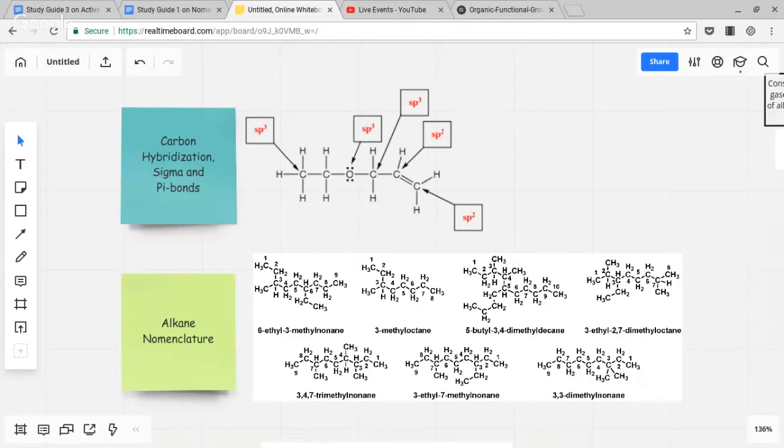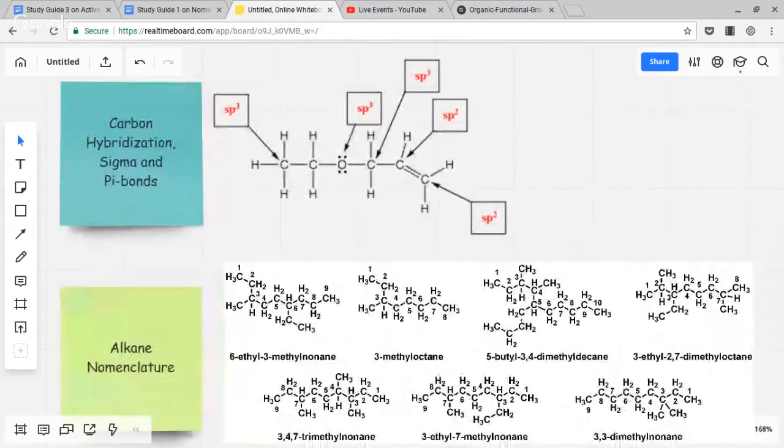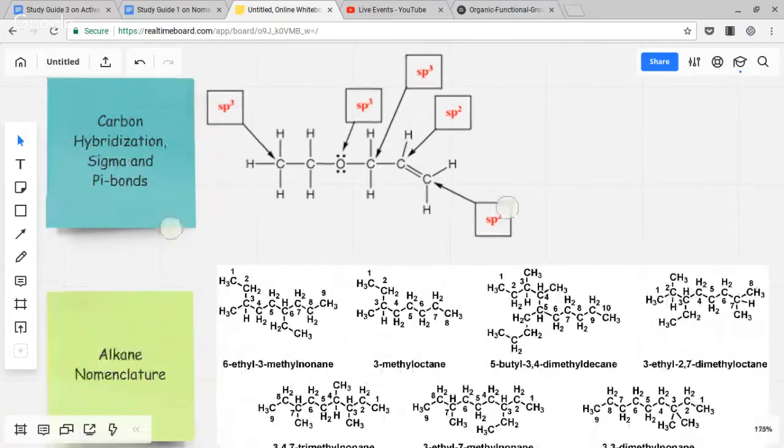So, we started our lesson with carbon hybridization, and we later on learned about determining the total number of sigma and pi bonds in your organic compound structure. So I want you to look at your screen for this one example just to help us recall.